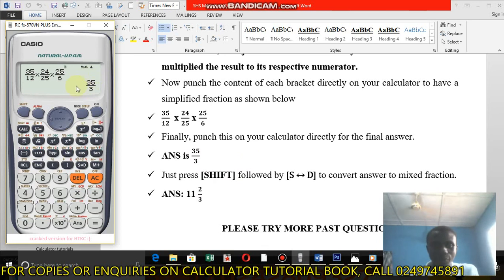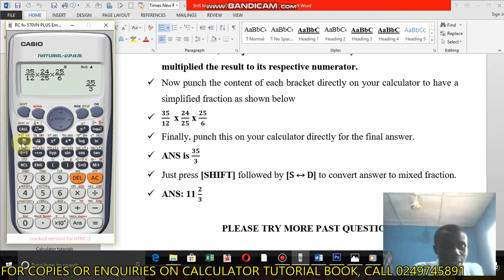So that is it. If you need the answer, you simplify this improper fraction to a mixed fraction. You just have to press what? So the calculator does everything. From this step, we want to simplify it to a mixed fraction. We learned it at the beginning of the video. So what do you have to do?